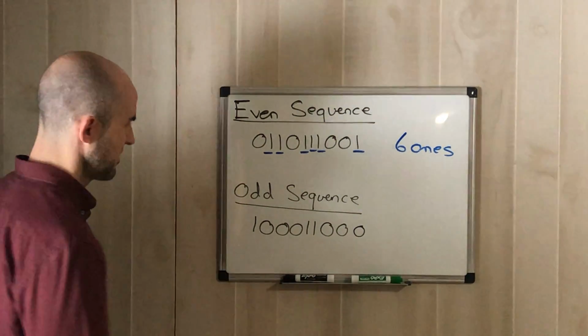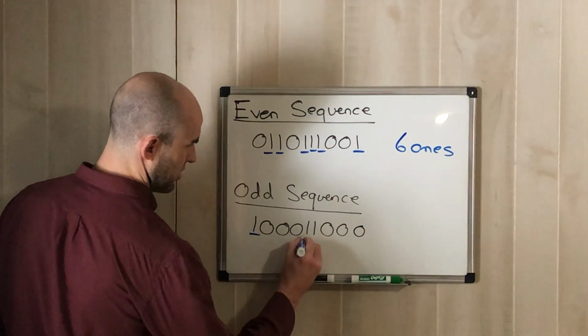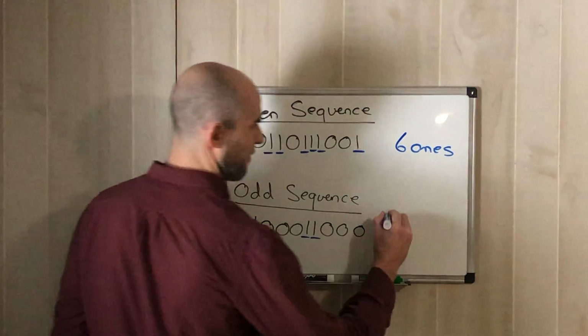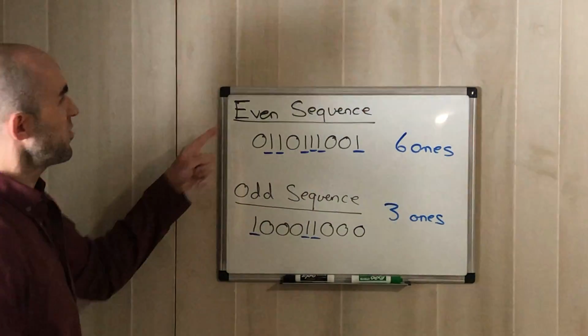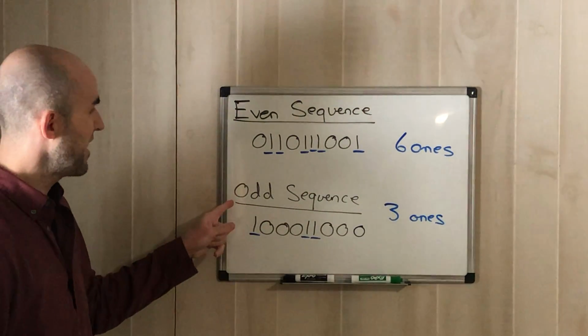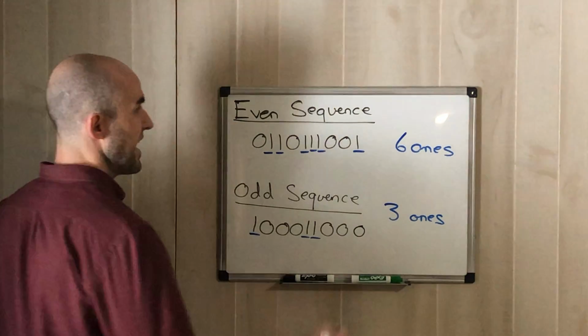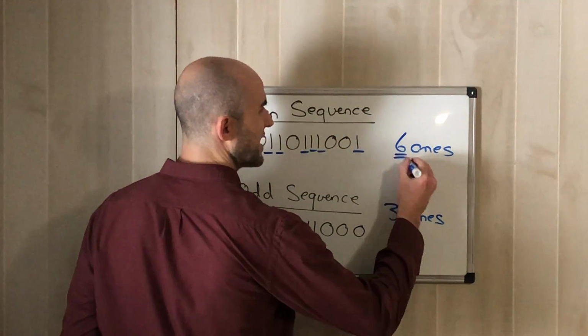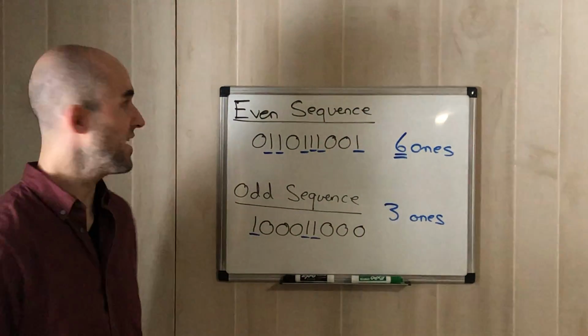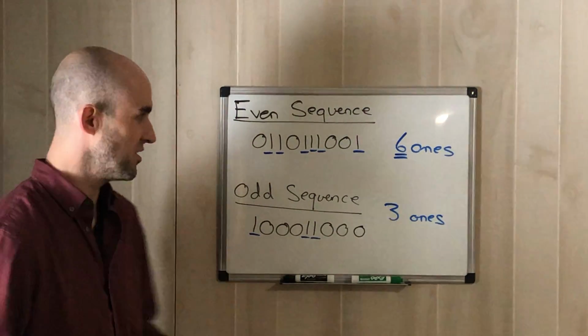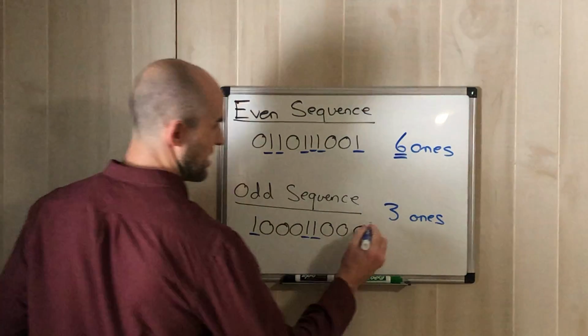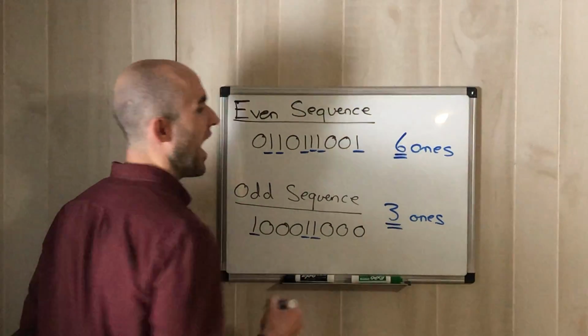The odd sequence, we have 1, 2, 3. We have 3 ones. That's why this one is an even sequence. That's why this one's an odd sequence. An even sequence is always going to have an even number of ones, right? So an even sequence is going to have like 2 ones, 4 ones, 6 ones, 8 ones, right? An odd number sequence is going to have an odd number of ones.